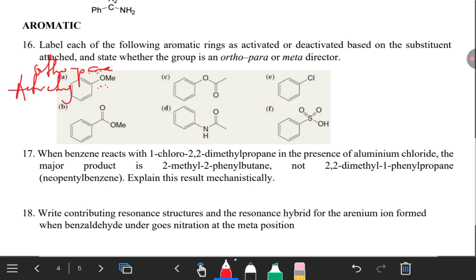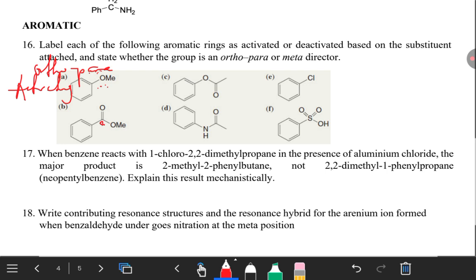Let's look at the second one, which is B. We can see that the element directly attached to this phenyl or benzene ring is carbon. Carbon has reached its hybridization state, it is attached already to 4 things, so there is no more room for it to attach to another thing.